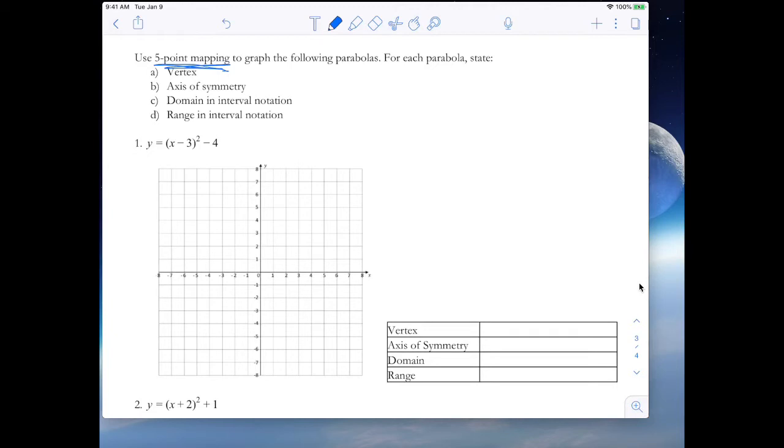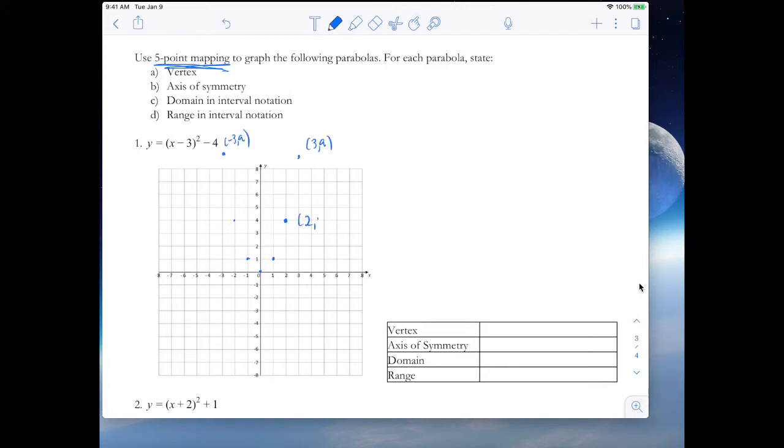Very similar to what we did at the start of this lesson, we start by using our 5 important points. And actually, we can squeeze in the 9. So we've got (3, 9) and (-3, 9).